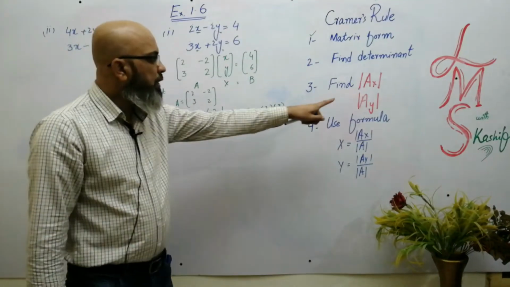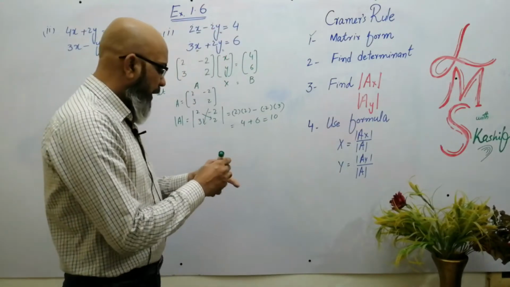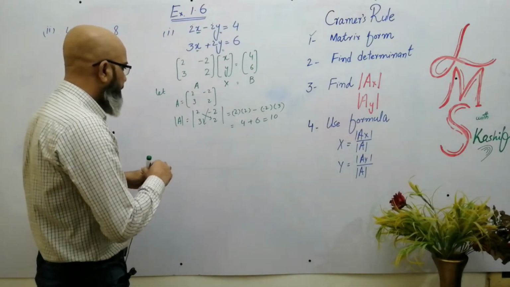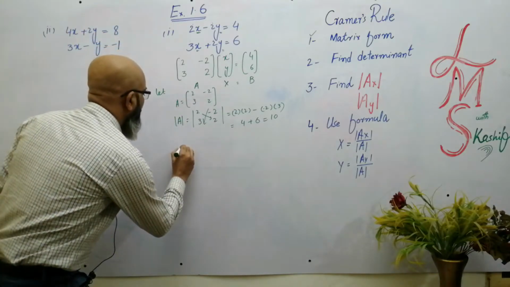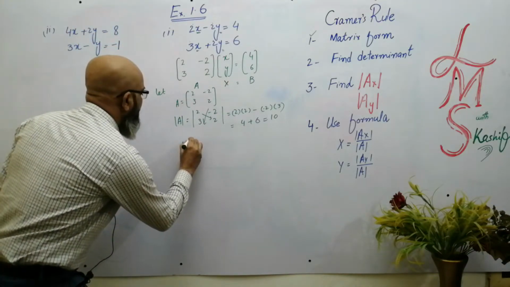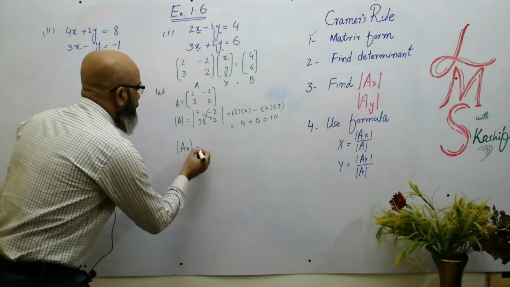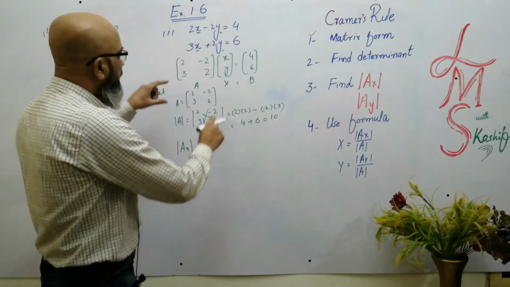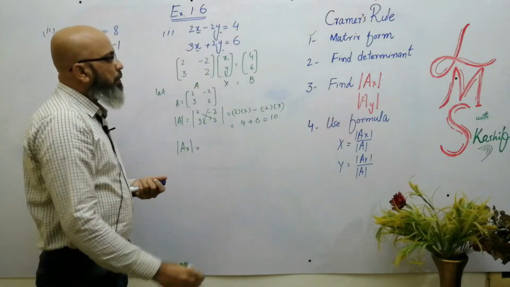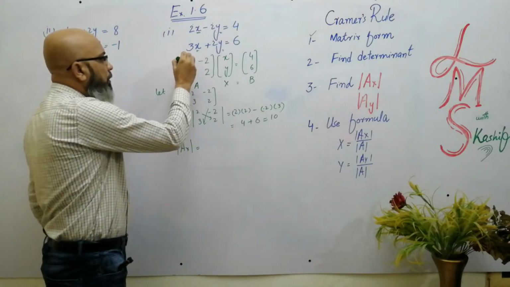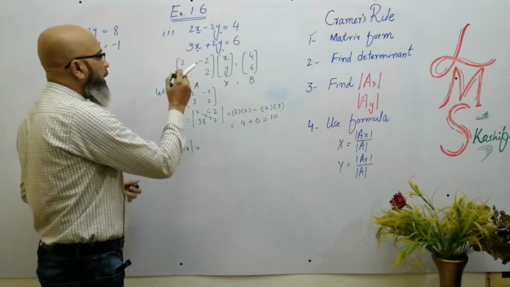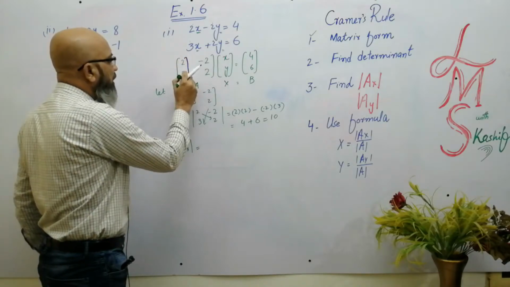Now what is Ax? Now we have to find the Ax determinant. First of all, what is Ax? This is your A. In this step, these are the coefficients of x.